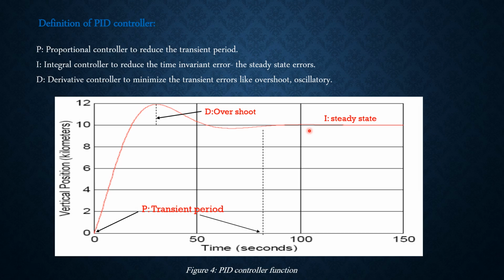Here we can see the different parts of the response: the transient period, the overshoot, which is between 10 and 12, and the steady state. The steady state might take some time to get to the 10 kilometers. It may get to 9 or 11 before it becomes steady at last.